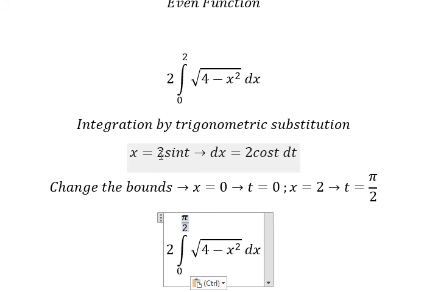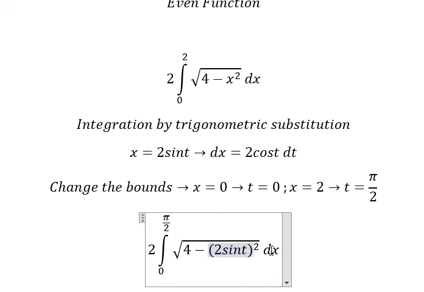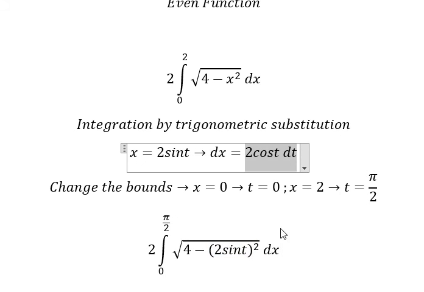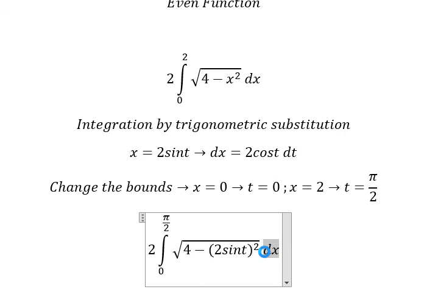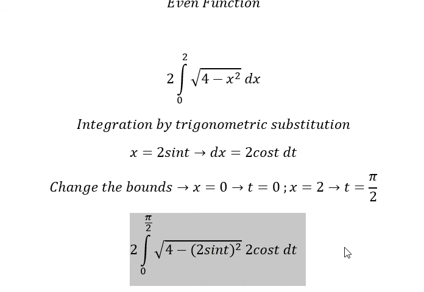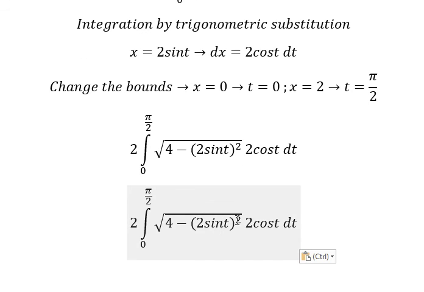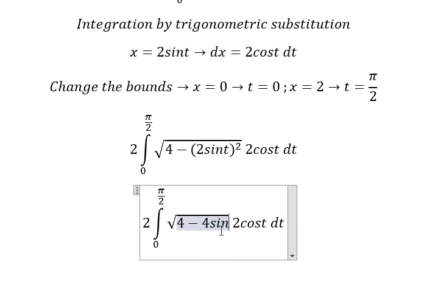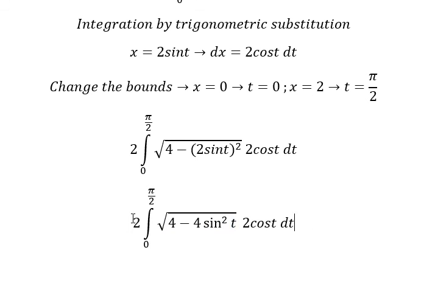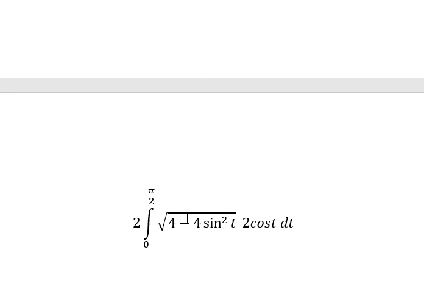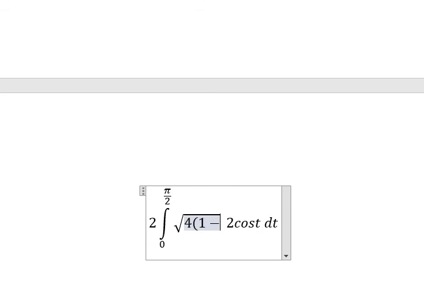About s, we change for this one. ds, we change for this one. This one you get 4 sine t squared. The 4 and the 4 we can factor out.